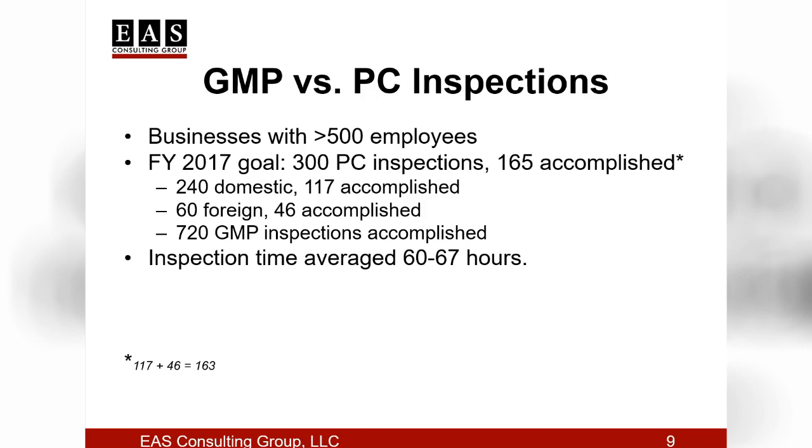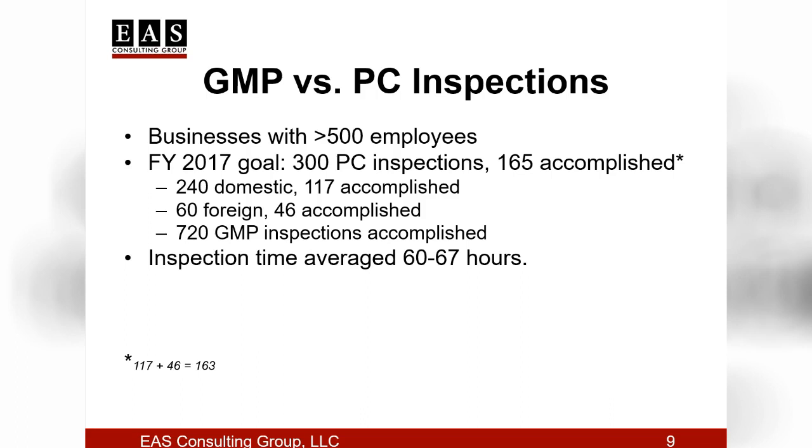I apologize for that. And that was going back to the webinar in February that we had. Of that 300, 240 were slotted for domestic and 60 were slotted for foreign. And you can see that 117 and 46 were accomplished. And in the same fiscal year, there were 720 GMP inspections.